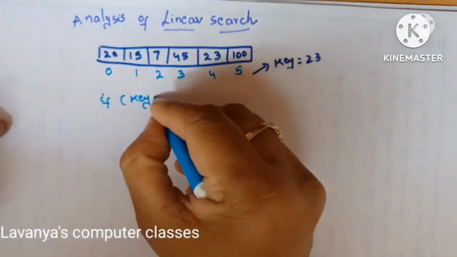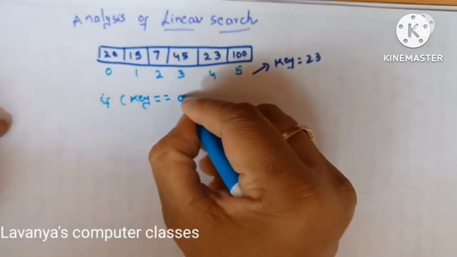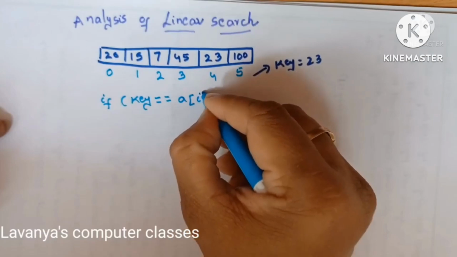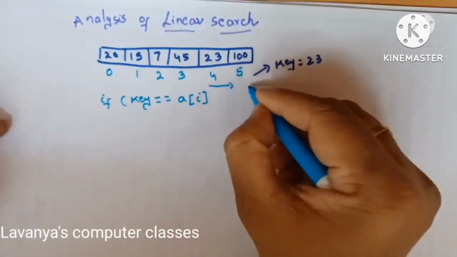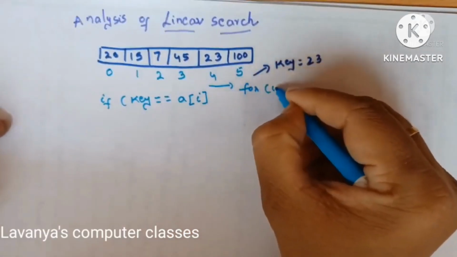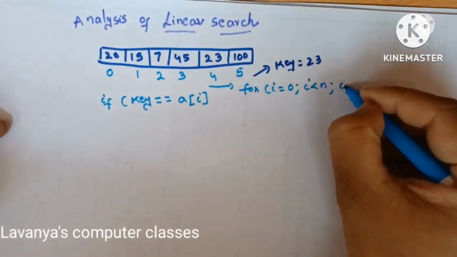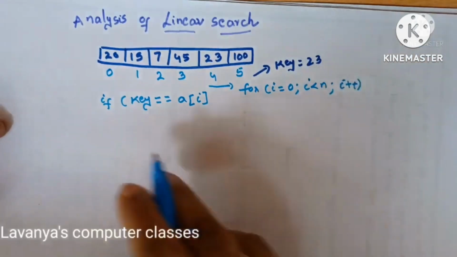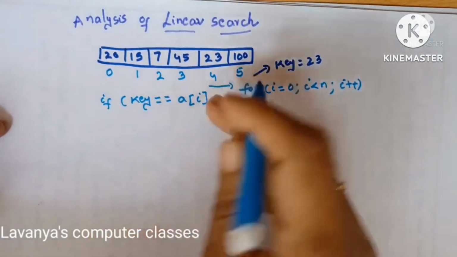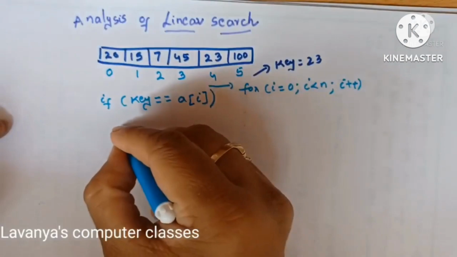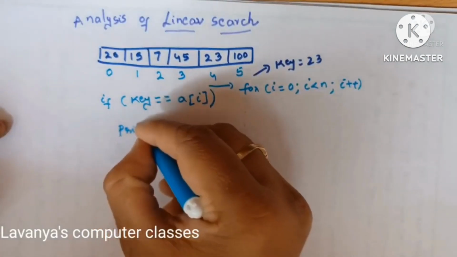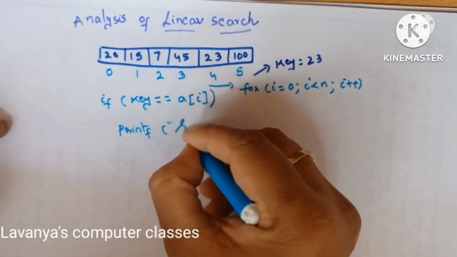The key element is 23. For I equal to 0, I less than n, I plus plus, this is the loop. If key equal to a of I, then printf, it is a successful search.